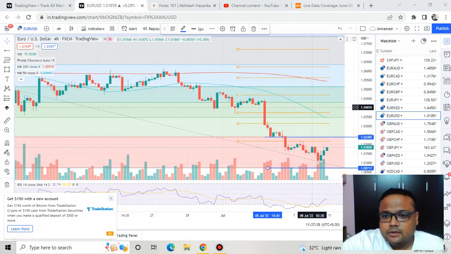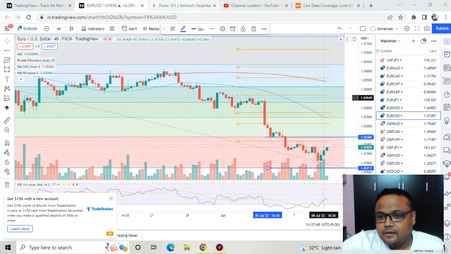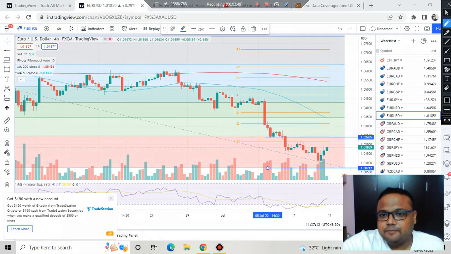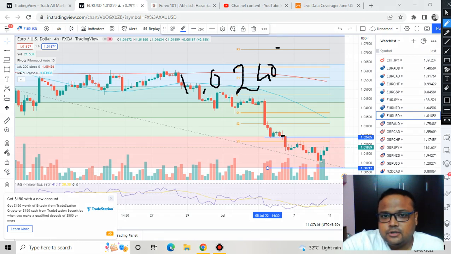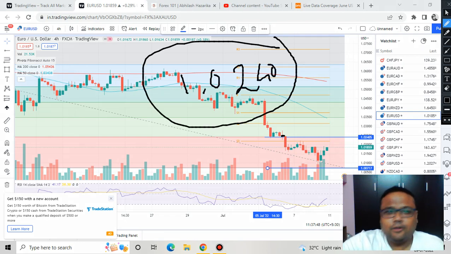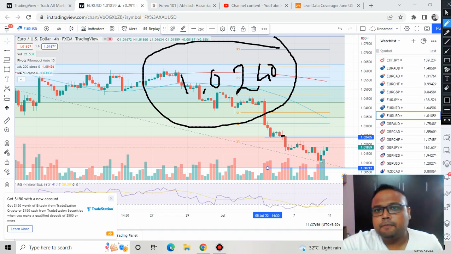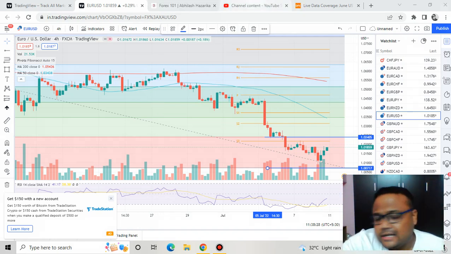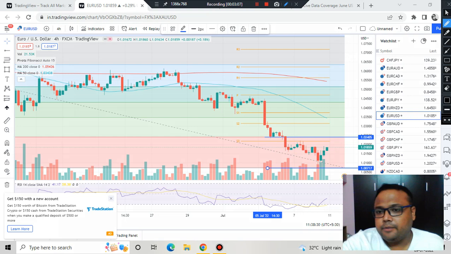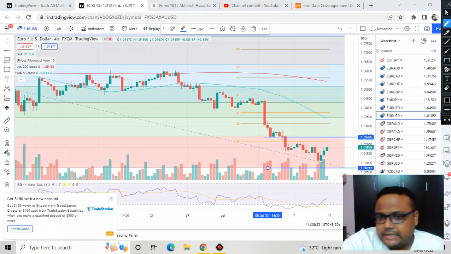Okay, so the first trading opportunity is this 1.0240. As you can see, I have already drawn the Fibonacci retracement levels. So yes, considering the overall bearishness in the market, there is a possibility that sellers will still try to dominate the picture, and we can expect that the market will be facing the same selling pressure.